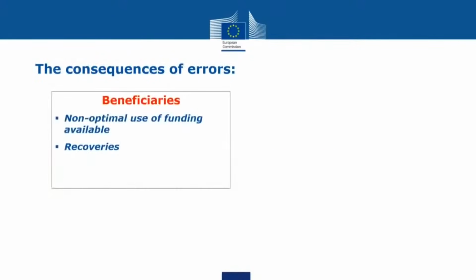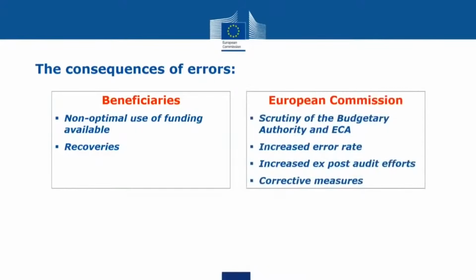The consequences of error are, of course, negative ones for beneficiaries. This can be the non-optimal use of funding available, and this may lead as well to recoveries, of course. Not only for beneficiaries, for the European Commission services as well, the scrutiny that the European Court of Auditors can apply to the budgetary authority in charge of the Horizon 2020 actions.